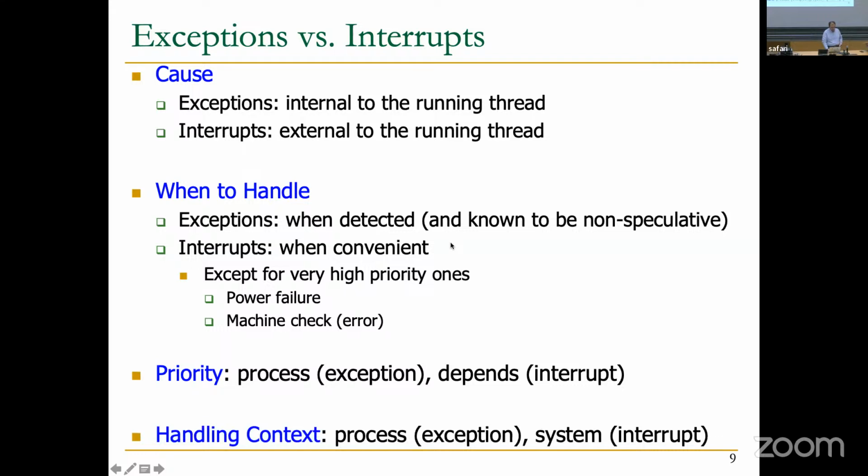So for handling context, for exceptions, usually the process needs to handle it. Have you ever written code like a trap handler? I remember in Java, we wrote some code to trap and handle exceptions. Anyone? Okay. Yes, for exceptions, you have the possibility to implement handling in the process, with some code to handle the exception nicely.